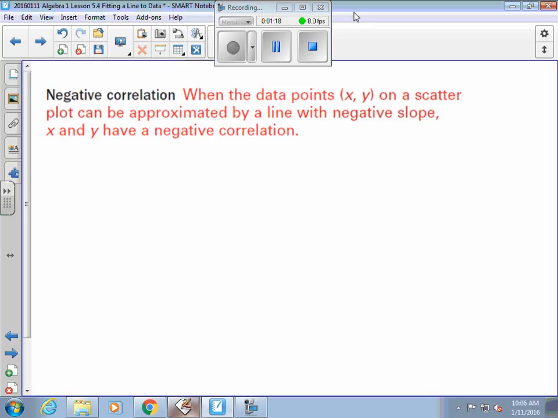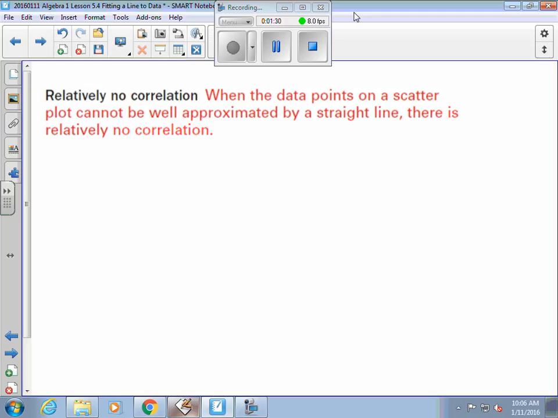If when you plot all of the points there is neither a positive nor a negative, if the points are just all over the place, that's considered no correlation, which says the data points on a scatter plot cannot be approximated by a straight line. You don't draw one in just for the sake of drawing one in. It'll be considered no correlation. So positive, negative, and no correlation.